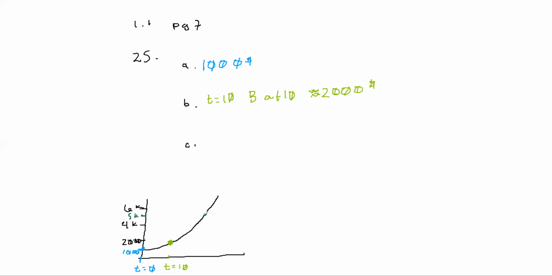You're going to go across on the graph and put a mark there, or at least this is how I approach the problem. And then you're going to try to figure out exactly what the time is. And so I said t was approximately equal to 21. So f of 21 is approximately equal to $5,000. And so to answer the question, when does the balance reach $5,000? It's going to be in about 21 years, because this is in years.